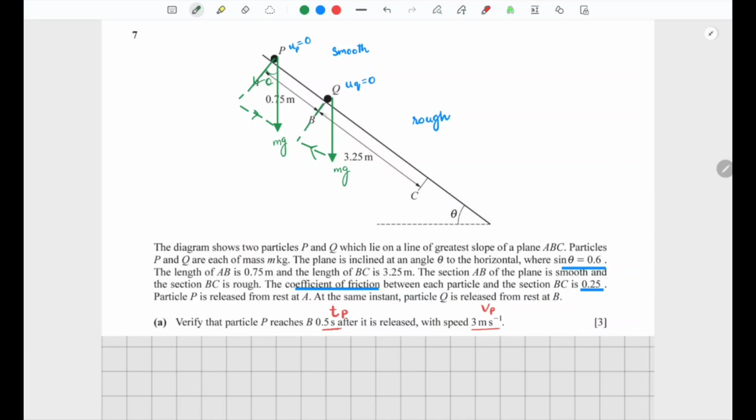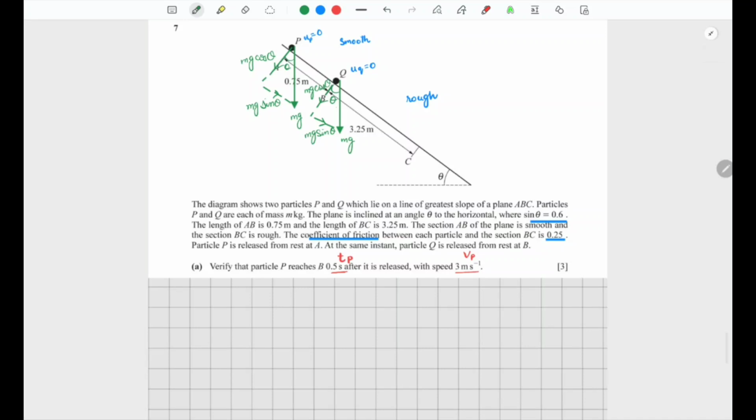The angle in the center would be theta, so this will become mg cos theta, and this will become mg sin theta. Same goes here: mg cos theta and mg sin theta.